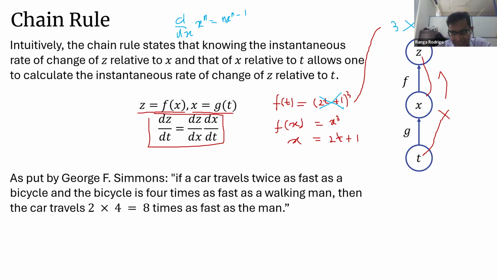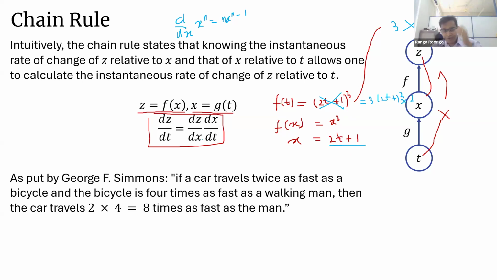So you write it like 3 times (2t plus 1) squared, multiplied by the derivative of 2t plus 1, which is 2. You can see this one's derivative is 2.